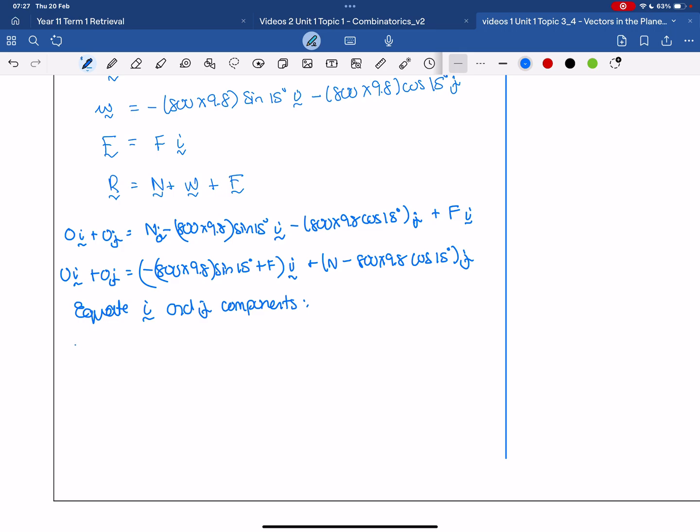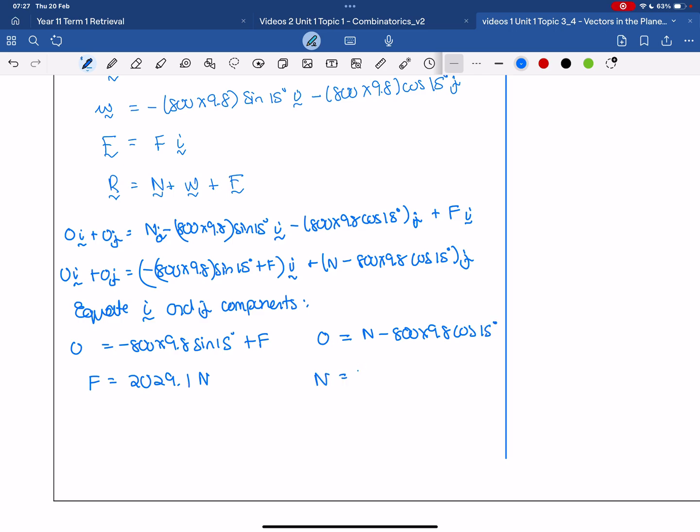What I get is that 0I is negative 800 times 9.8 sine of 15 degrees plus my F. So F must be equal to 2029.1 newtons. My J components: 0 is N minus 800 times 9.8 cos of 15 degrees.